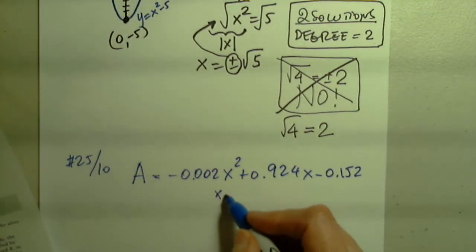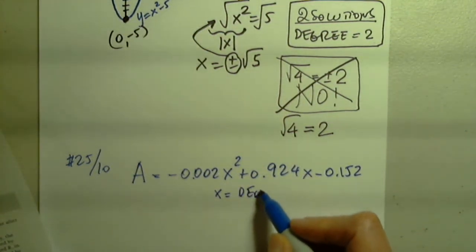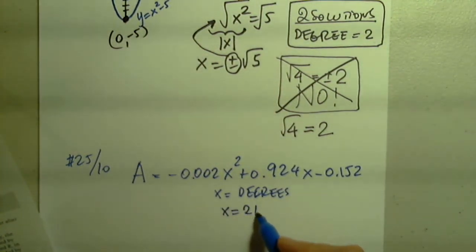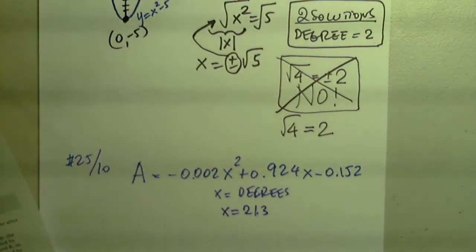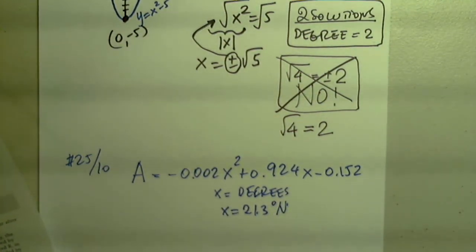So x, I have to take notes, is in degrees. Part A: At what angle should the solar panel tilt in Honolulu at 21.3 degrees? So when x is 21.3. It says location of the panel in degrees, latitude north of the equator. So degrees north.